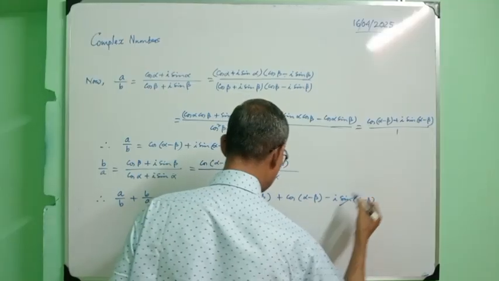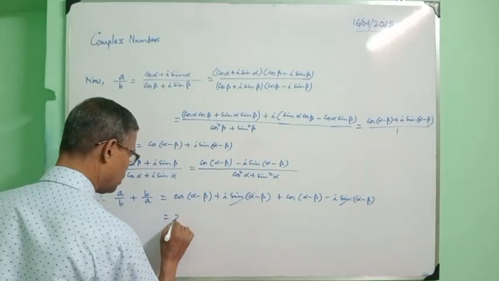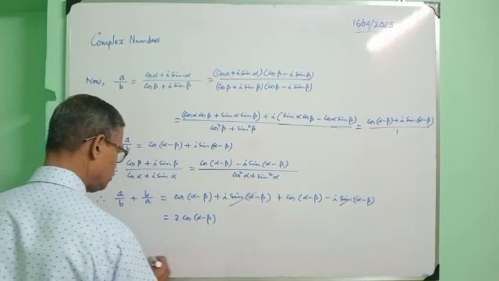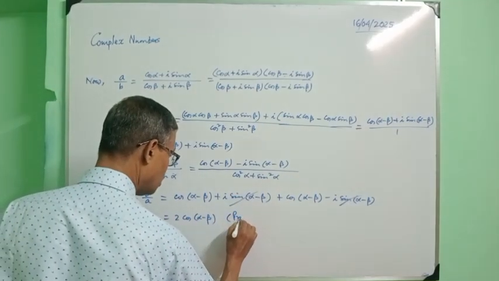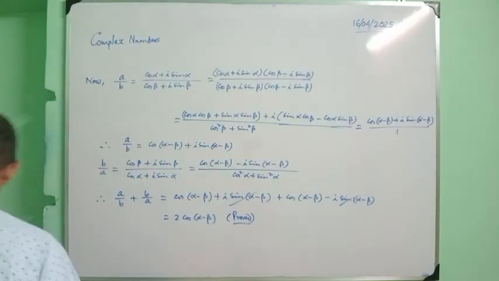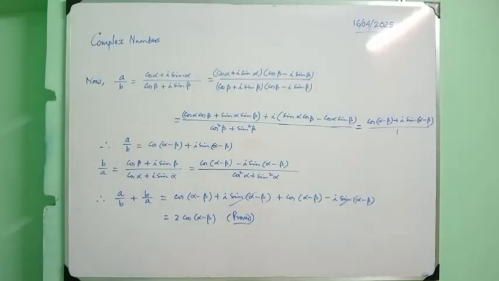Then these two cancelled. Finally, we get 2 cos of alpha minus beta. Therefore, the sum is solved. Next sum.